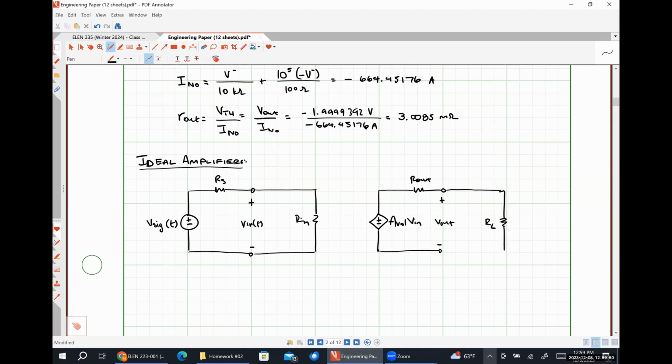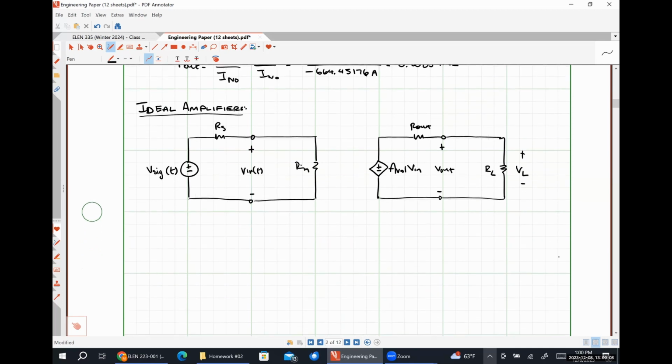Here is our load resistance, and this is the voltage drop across our load.